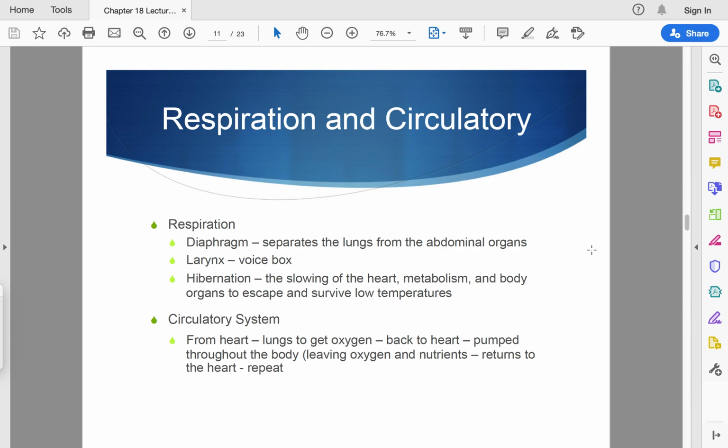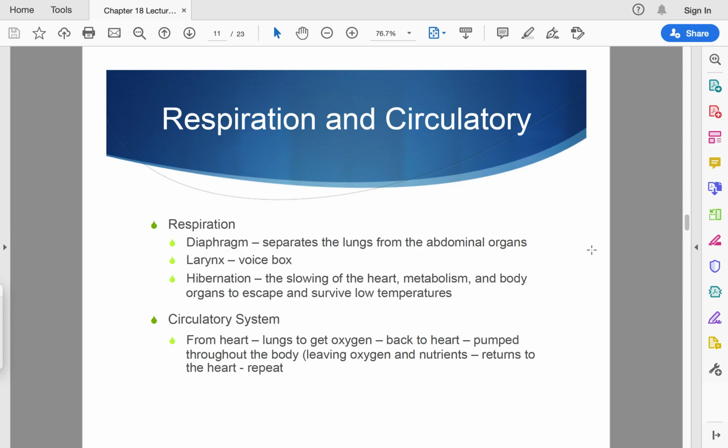All right? Respiration and circulatory system. The respiration, the diaphragm separates the lungs from the abdominal organs. The larynx is the voice box, and hibernation is slowing of the heart, metabolism, and body organs to escape and survive low temperatures. If you think about the diaphragm, not only does it separate, but it's a muscle.